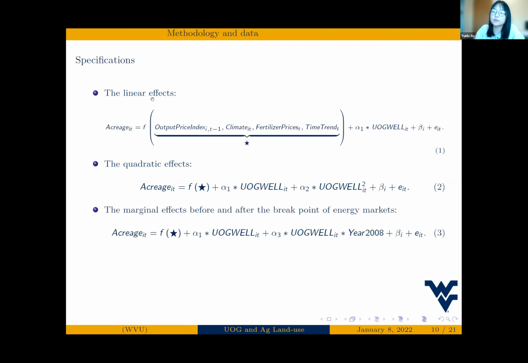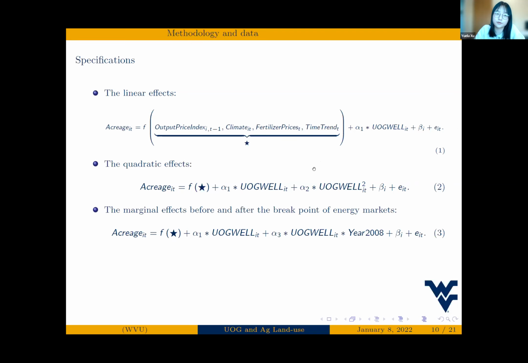The first model examined the linear relationship. The dependent variable is the aggregate annual crop acreage in County i at time t. Independent variables include the lead output price, climate variables, fertilizer prices, time trends, and the UOG development level in County i at time t. We also control for unobserved county-level time-invariant effects.